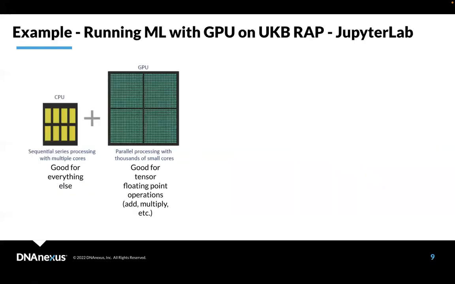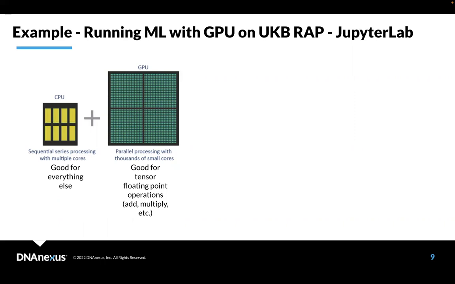Let's consider one example that we are running machine learning models with graphical processing units on UKB RAP under JupyterLab environment. We can work in two versions. We can work with CPUs. This is typically sequential series processing with multiple cores, good for many types of computations.